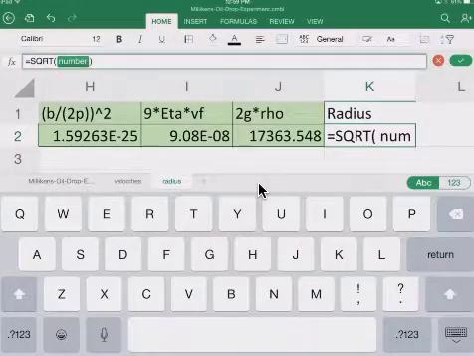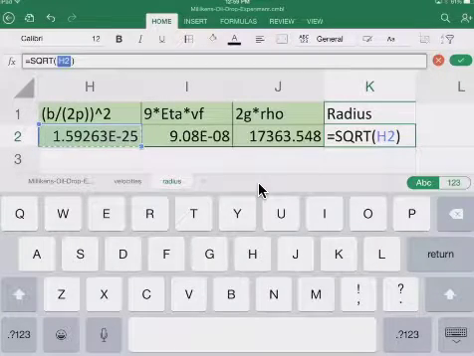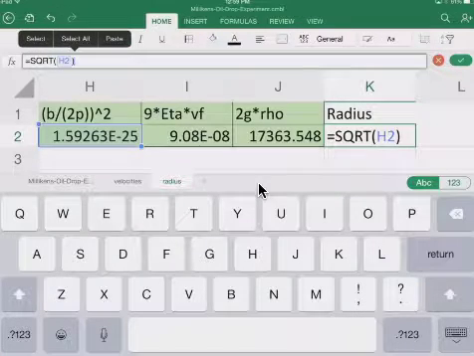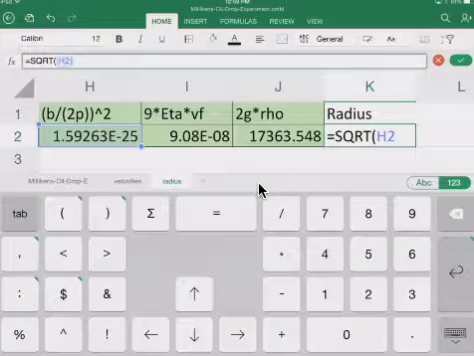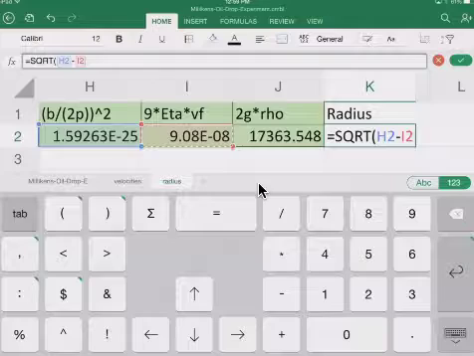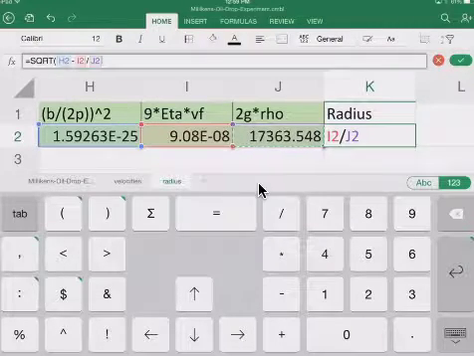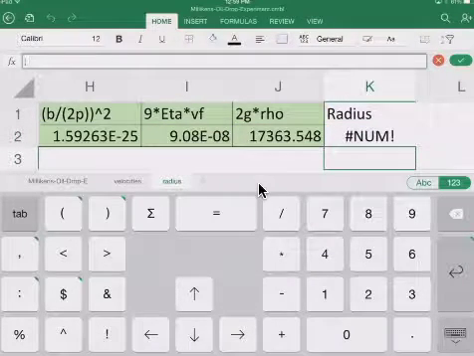Select that formula, and then we're going to have B2 minus eta, 9 eta VF divided by 2G rho, and then we're just going to close that parenthesis, and I'll hit return.